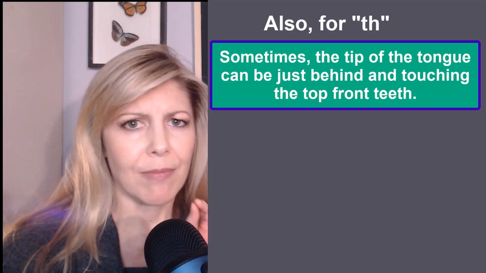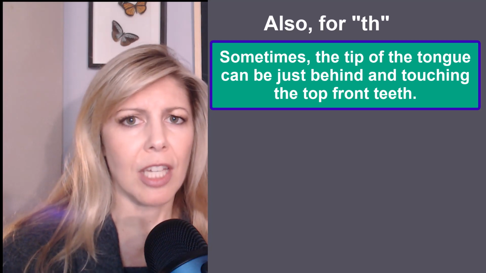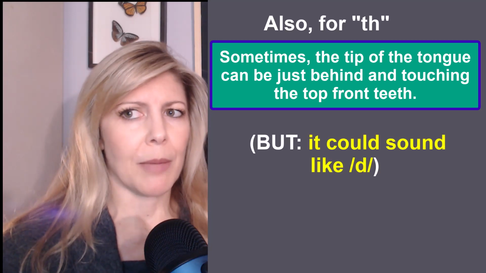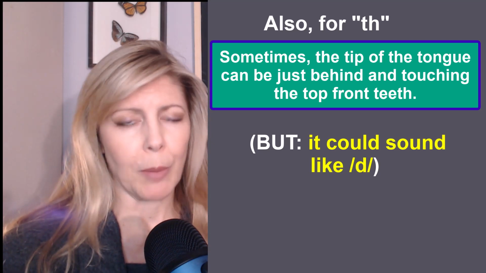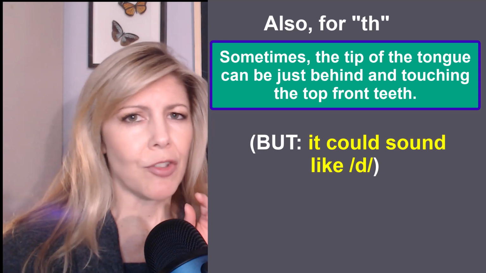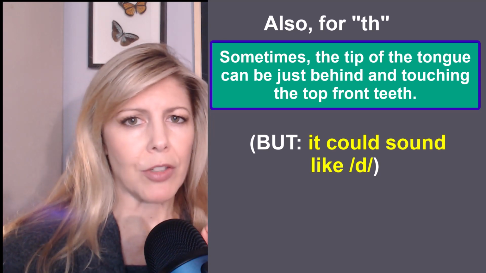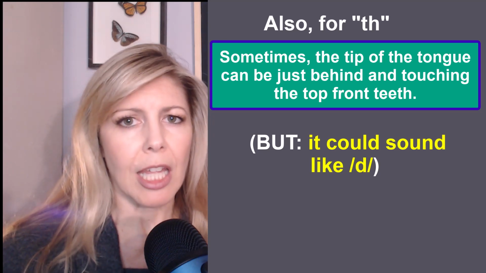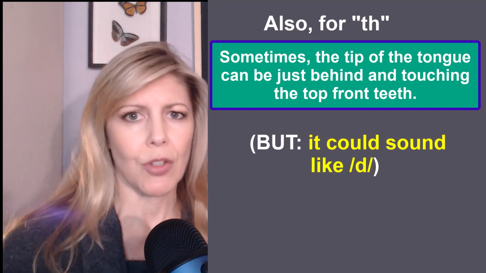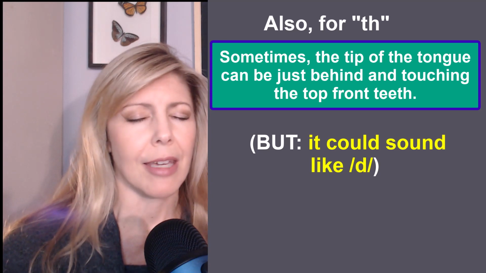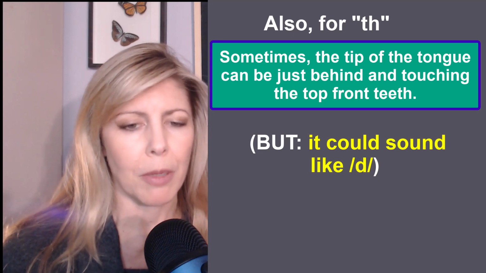Sometimes people don't even bring the tongue out. Sometimes a tendency might be to make the D sound if it's too far back. But if the tongue is just slightly behind the front teeth, and I mean just ever so slightly, that's okay too. Again, as I said, it doesn't have to be out very much.